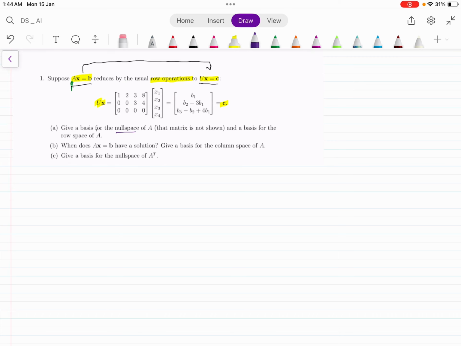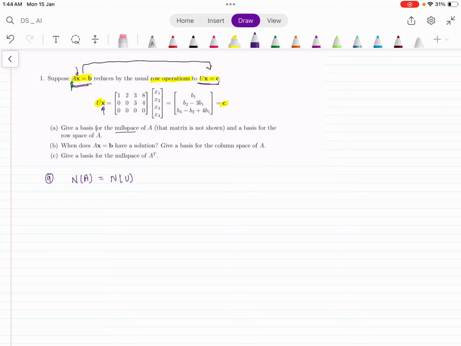Even after reducing your system of equations from Ax = b to Ux = c, the null space of matrix A will be the same as the null space of your matrix U. So there will be no change. You find the null space of this matrix U, and that will be equal to the null space of your matrix A.